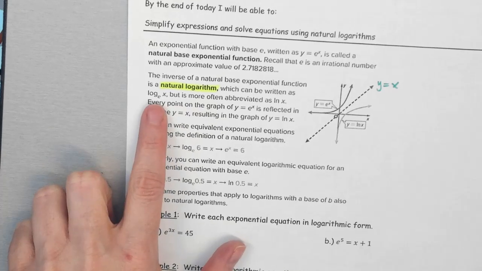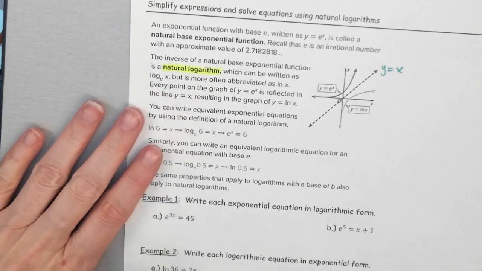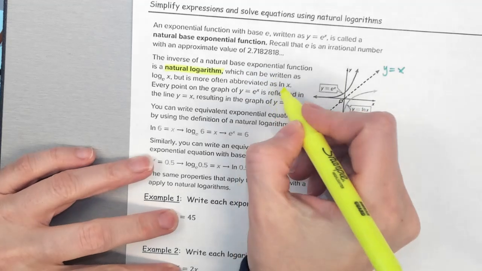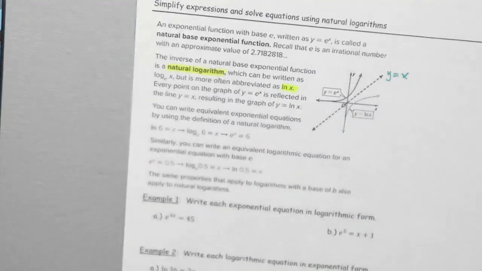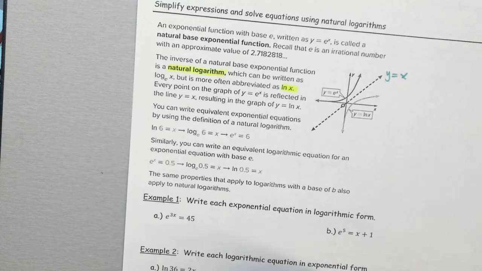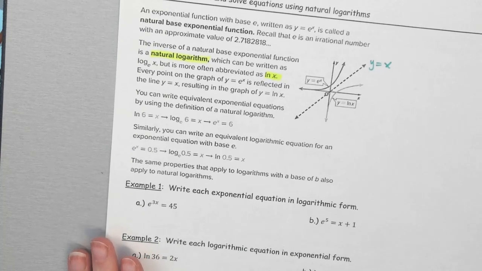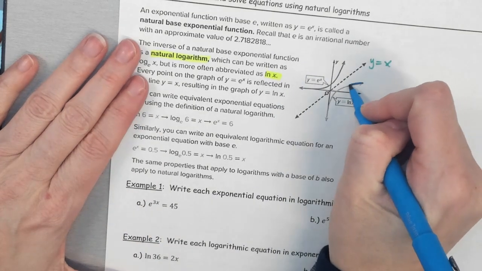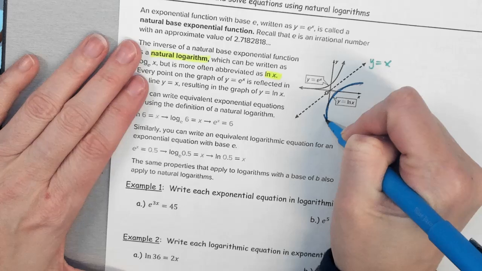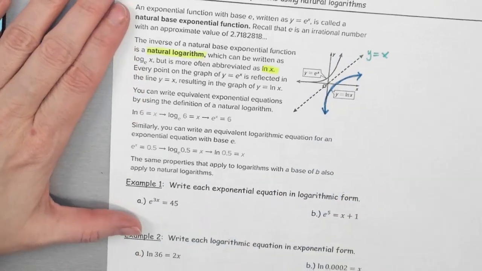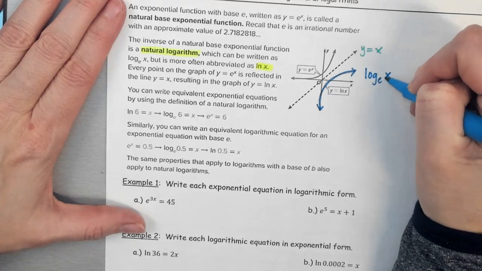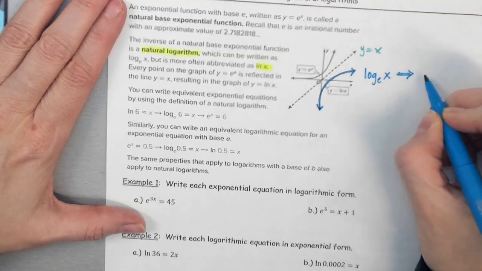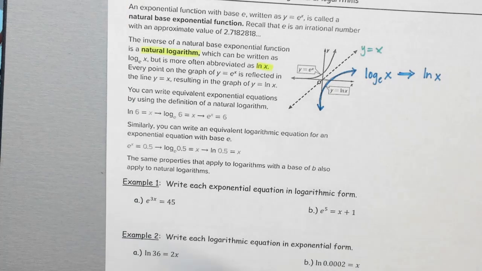You can write it as log base e of x, but the proper way to write this is ln x, and that is called the natural log of x. On our graph, the natural log is this function here. It is log base e of x, but we write it as the natural log of x.